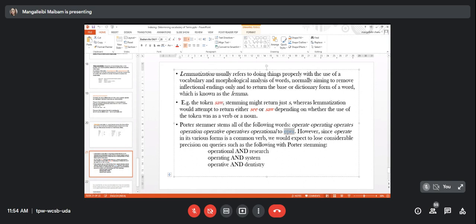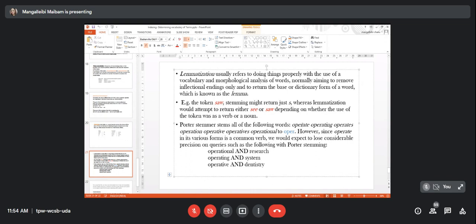Opera does not have various forms, because when you perform stemming, it means chopping off the end of the words. You can chop off this, you can chop off this, and it returns opera. But opera is not the word which is meaningful and which we can retrieve from the document. So operate has various forms. Operating is one form of operate. Operates is one form of operate.